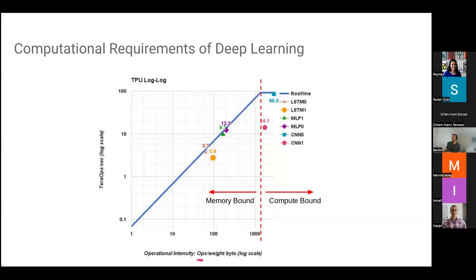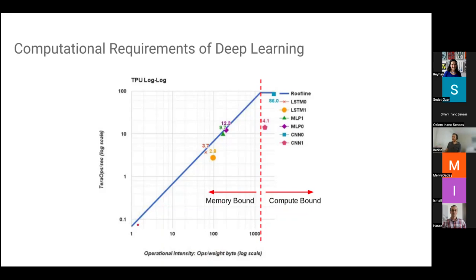What this means is that whenever you fetch a parameter of a neural network, you're doing several operations with it. If you do more and more operations, you're amortizing that fetch from memory, so it becomes more compute intensive. If you're doing only a few operations after fetching that parameter, you're doing less computation and you need more and more memory bandwidth. But memory bandwidth is limited, and computation is limited.